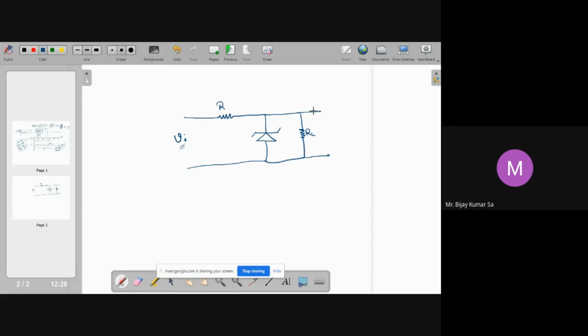And here you will get a DC signal which is almost constant, which is more preferable, so that you can use it for your DC appliance.